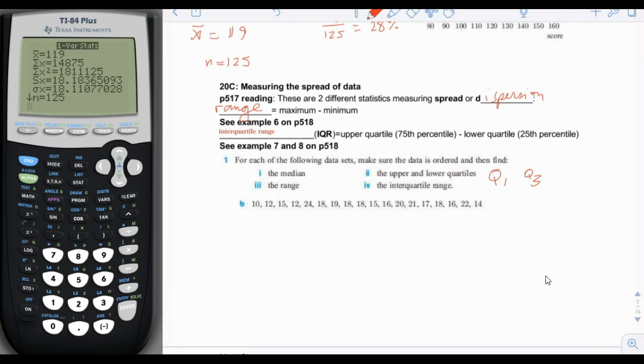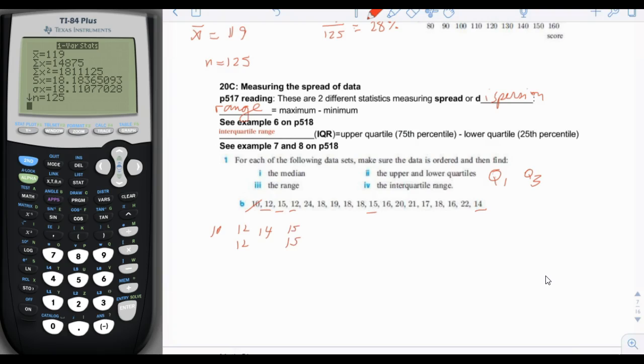And so let's see, 10, and then we'll try to take, let's see, 12. That looks like the next highest thing. 12, 12. Then what's the next highest one? Maybe 15s or 14. Maybe the next highest one, 14. Then we got 15, 15. We got two 15s.